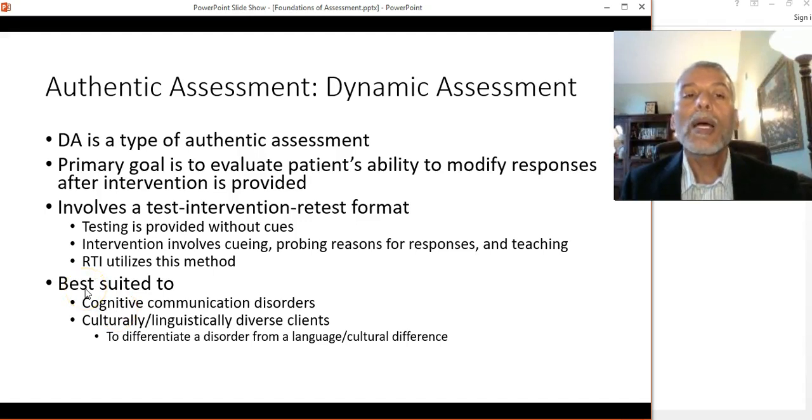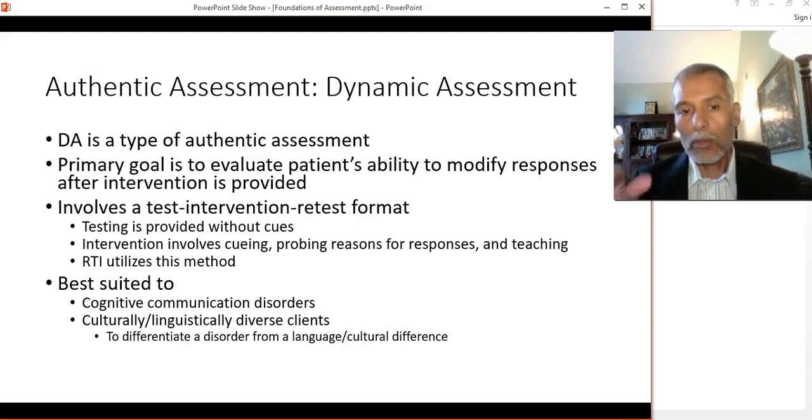So dynamic assessment is used mostly, and it is most suited to cognitive communication disorders. For example, someone has dementia or a head injury that is causing language problems. And then you could do that. You want to basically ensure that they are responding well to you when you do the intervention.